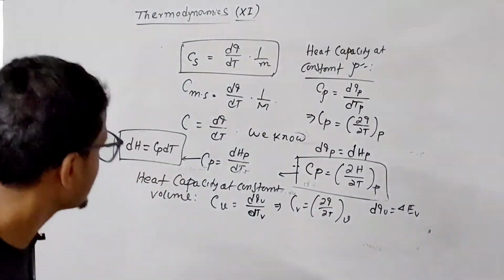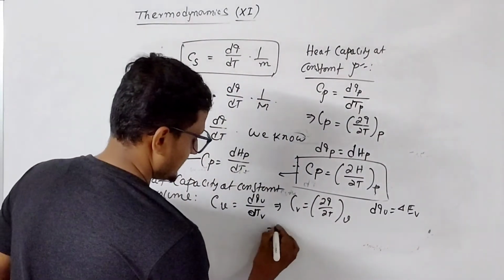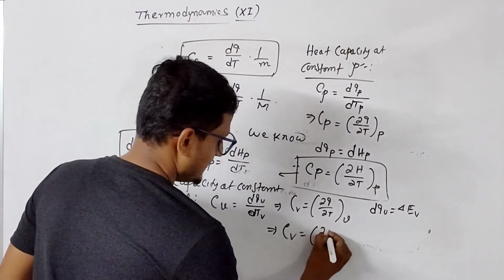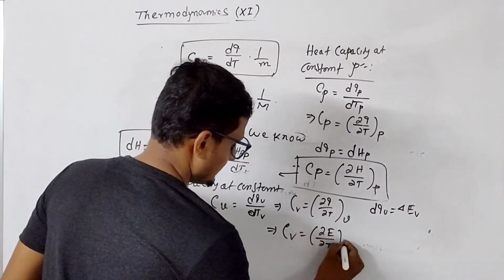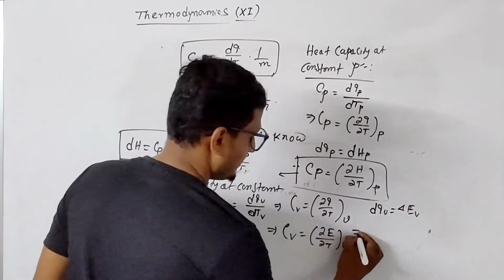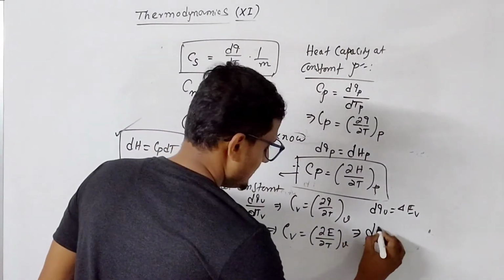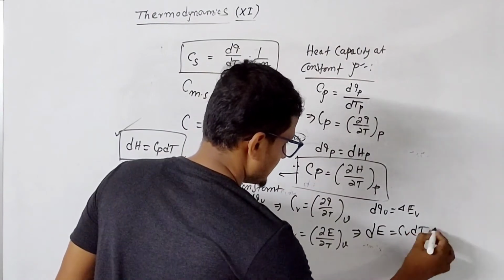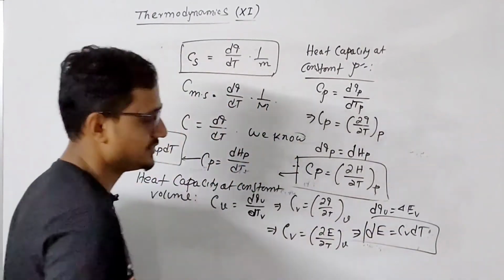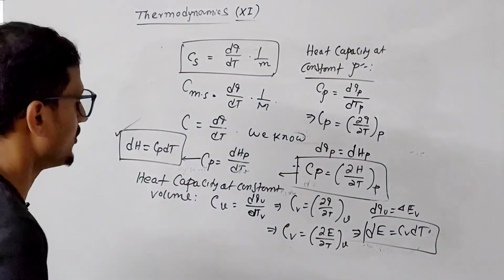So after substitution, what we can get here? Cv equals del E by del T at constant V. After cross multiplication, same as this relation, dE equals Cv dT. So these two relations are very important.